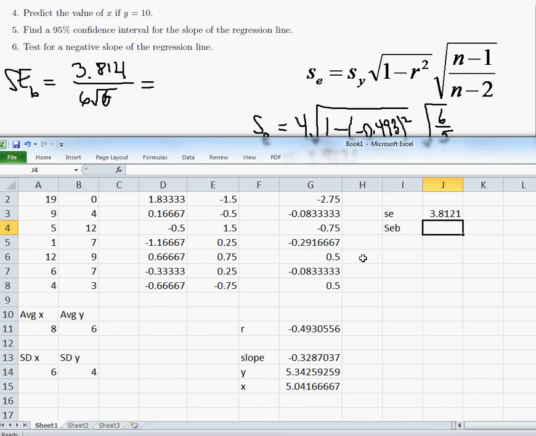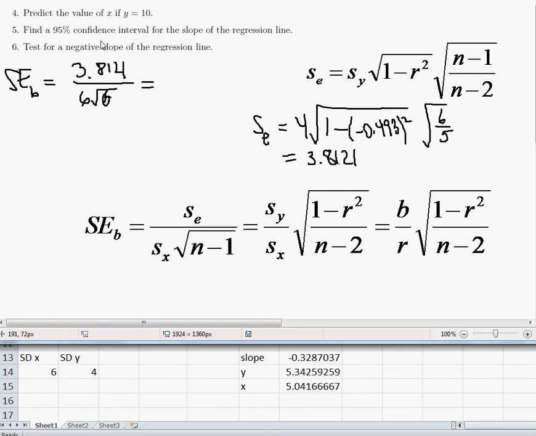Equals the standard error for the slope, 3.812, should have written down, divided by 6 times the square root of 6. So about 0.2594.